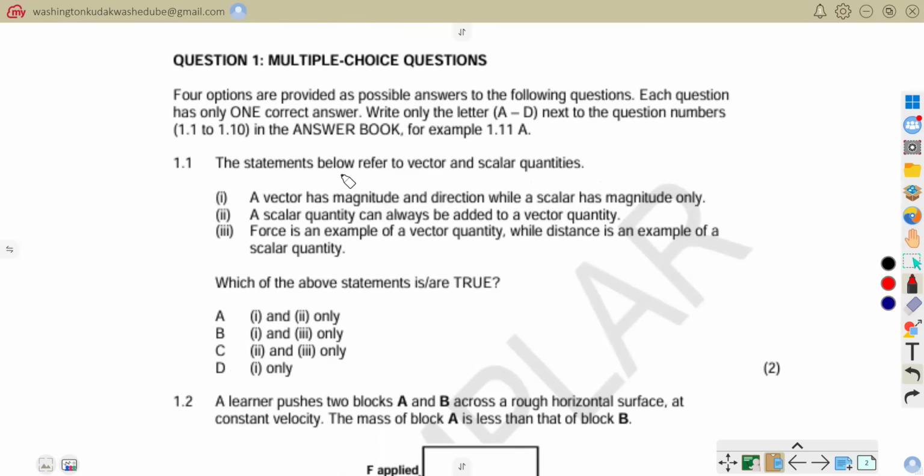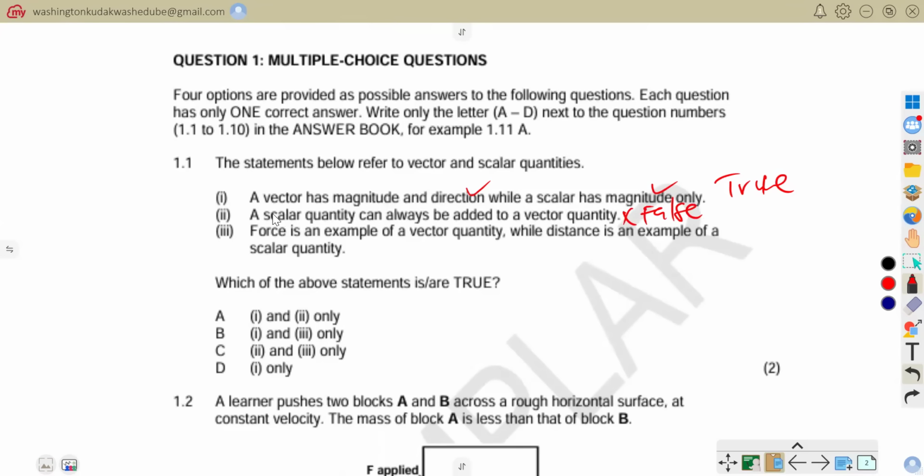So here they're saying the statements below refer to vector and scalar quantities. A vector has magnitude and direction, while a scalar quantity has magnitude only. This statement is true. A scalar quantity can always be added to a vector quantity. This is false. We cannot add a scalar to a vector.